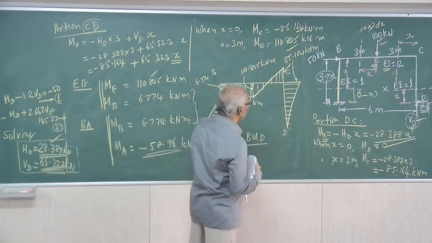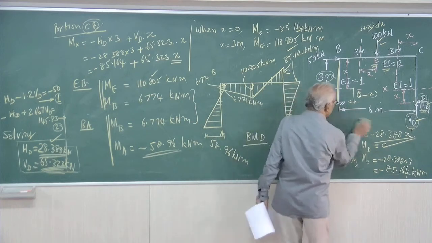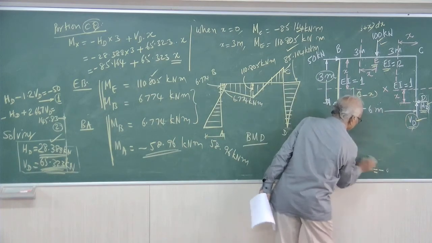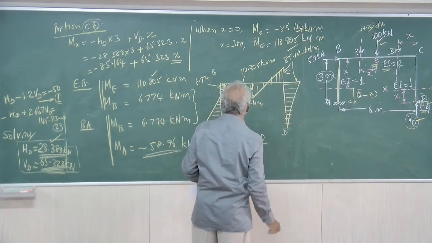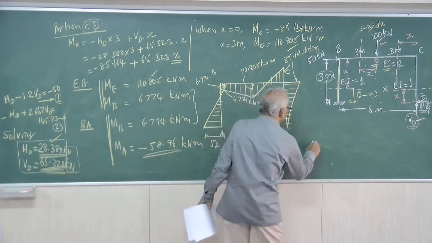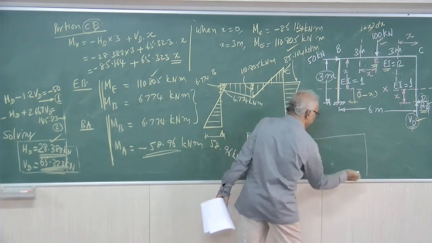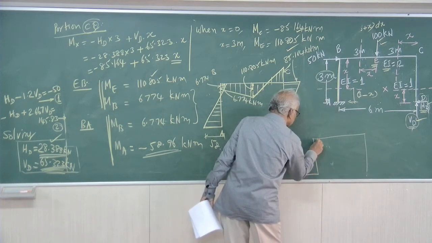And one more small discussion, as I told earlier, you can draw the bending moment diagram otherwise also. That is, as per the usual procedure, if you draw the diagram, you will have the bending moment diagram like this. So this is say minus. So this you will have like this. This you will have like this.